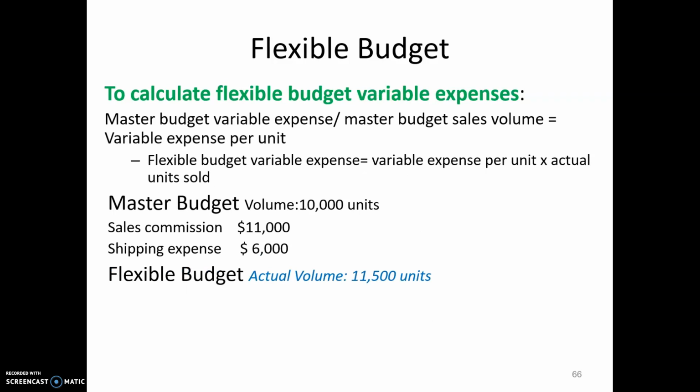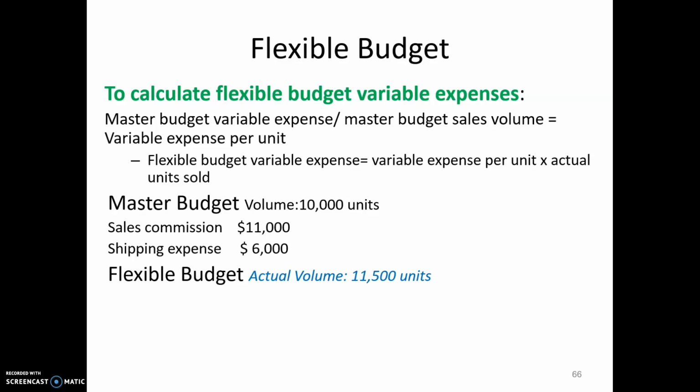If we look at our variable expenses, we can take the variable expense on the master budget, divide it by the volume, and that'll give us our variable expense per unit. On the flexible budget, we'll take that variable expense per unit and multiply it by the actual units sold.